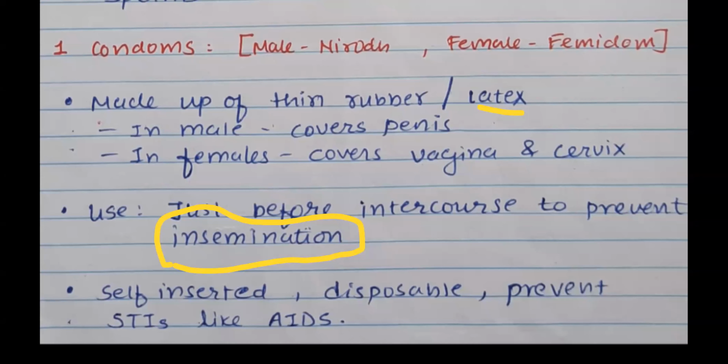But here the penis is covered by the male condom, so the semen remains inside the thin rubber or latex structure and does not enter the female reproductive part. This helps to prevent the meeting of sperm and ovum. And if no mating, no fertilization, no pregnancy.